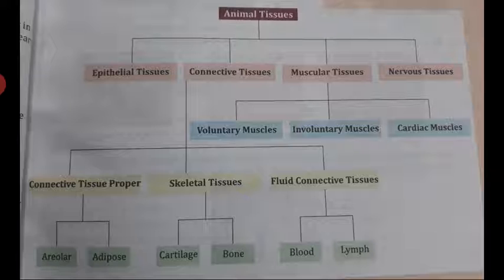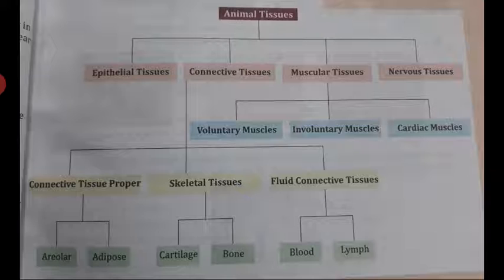Connective tissue proper is subdivided into two types, areolar and adipose. Similarly, skeletal tissues are divided into two types, cartilage and bone. And fluid connective tissue is also divided into two types, blood and lymph.